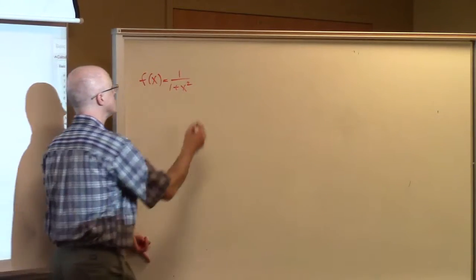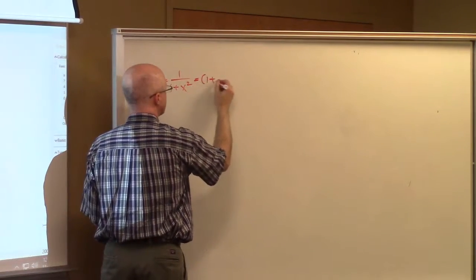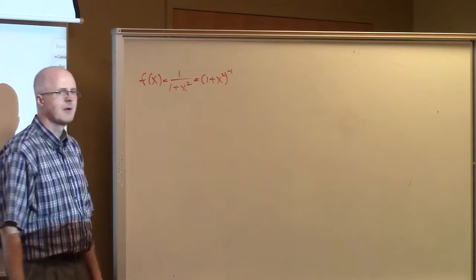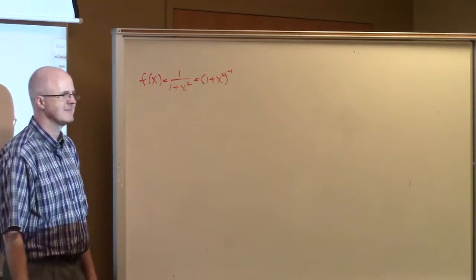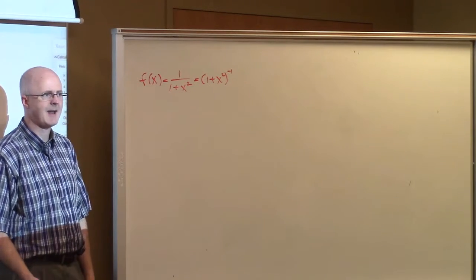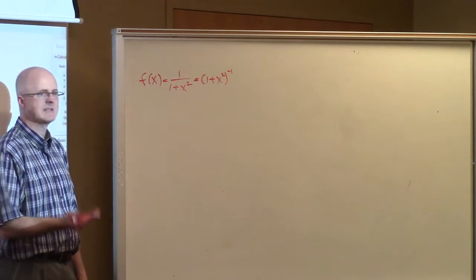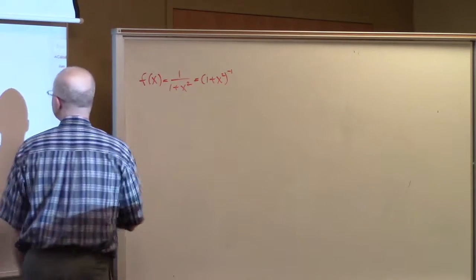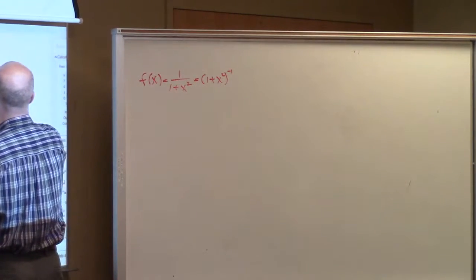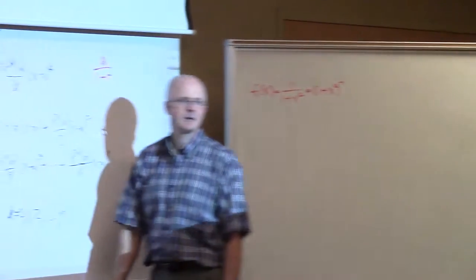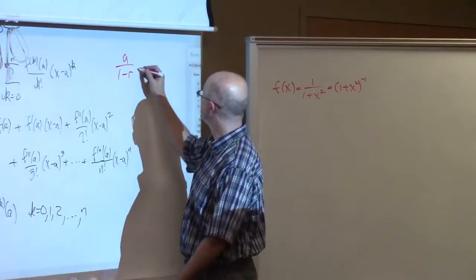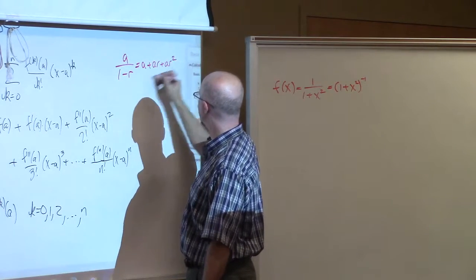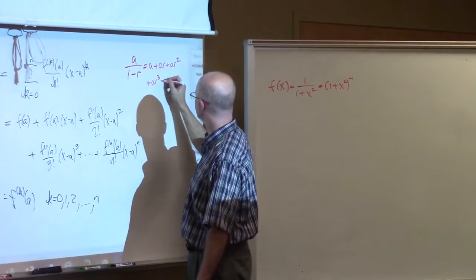You also could use the chain rule if you write it like this. They do get kind of messy. So instead of that, I'm going to use a trick. Same trick I've shown you last week. I'm going to recognize that this can be put in the form a over 1 minus r. I can think of it as the sum of the geometric series. And that's going to be a trick to help me find the Taylor series for this centered at 0.